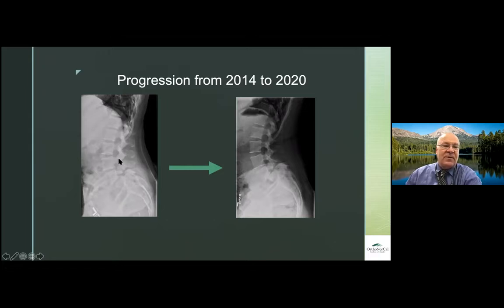This is L4 hooking over L5, and the little facet joint you see right there is hooking on that one vertebra. Well, the hook is incompetent. That leads to this. So you can get the spondylolisthesis either because of a traumatic or congenital defect there, or simply because you wear out your joints. In those cases, you'll see that at L4-5.